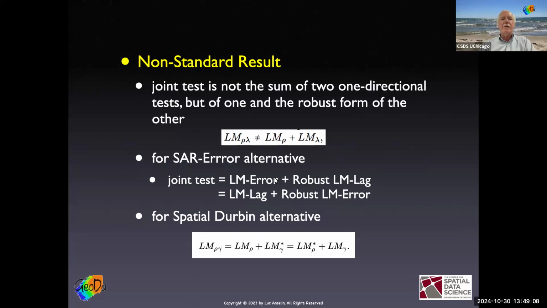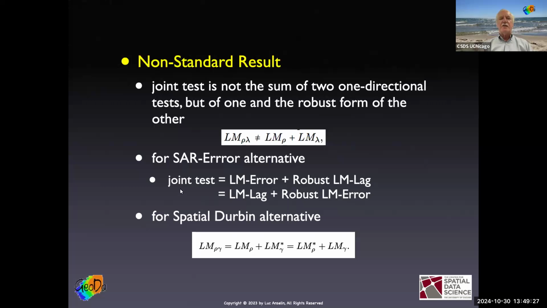The joint test is actually, and this is a very curious result, but you can trace it mathematically why this happens. The joint test is the sum of one and the robust form of the other one.